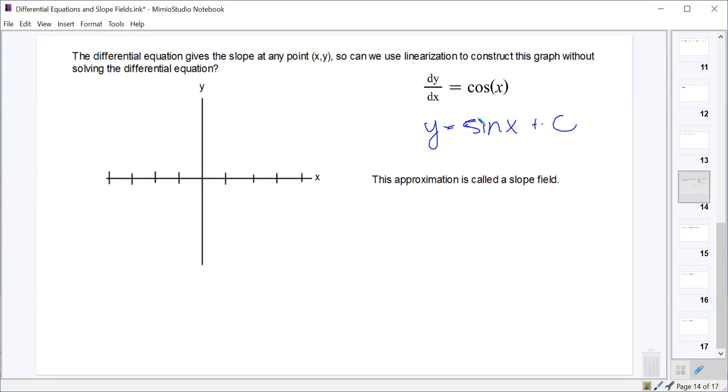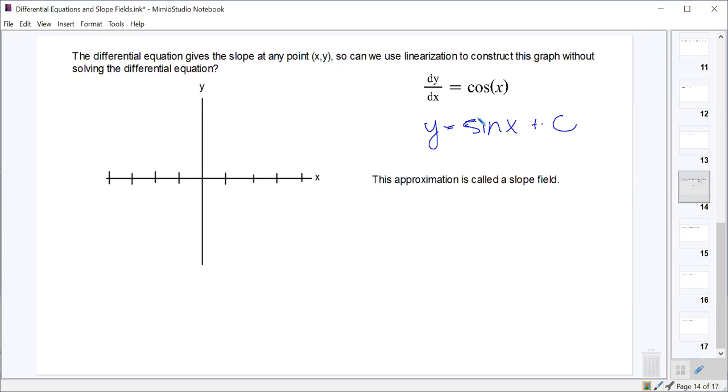A slope of what? A rate of change. Yeah, that's what a slope is. But the derivative of a function represents what kind of slope? Slope of a tangent line. It's the slope of the line tangent to that function.